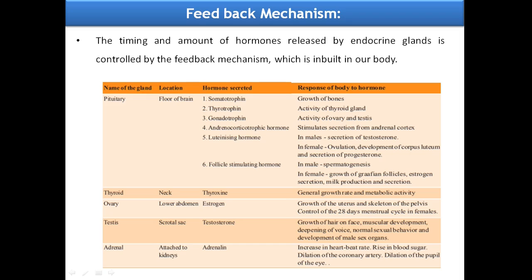Coming to the adrenal gland, which is attached to the kidneys, it releases the hormone called adrenaline, due to which there is an increase in heartbeat rate, rise in blood sugar, dilation of the coronary artery and dilation of the pupil.